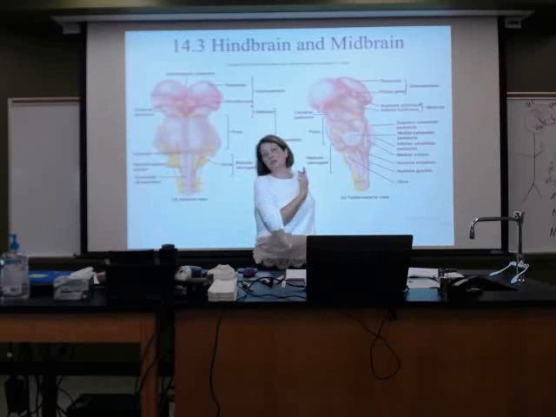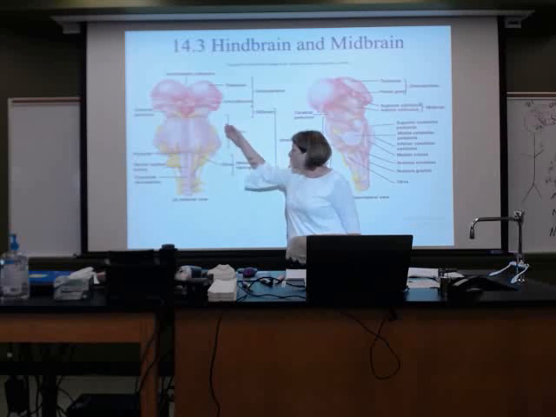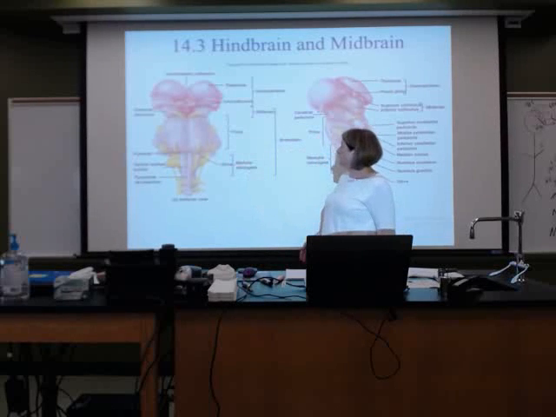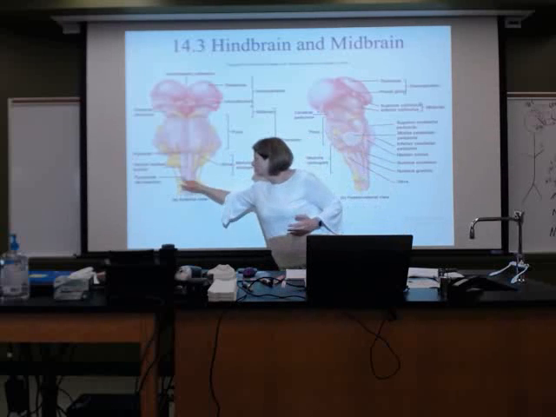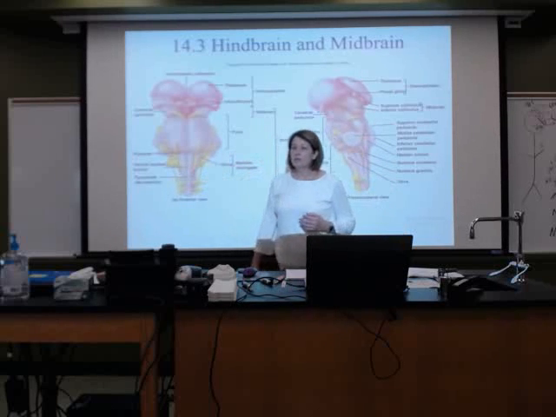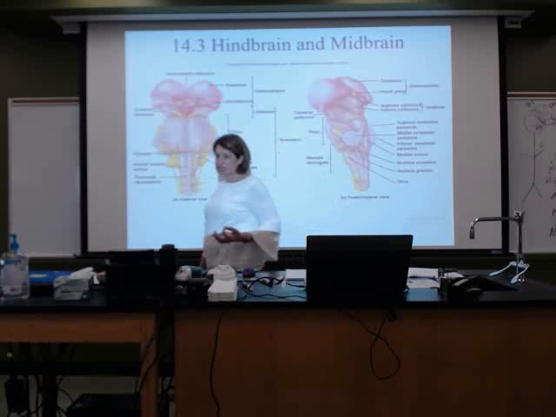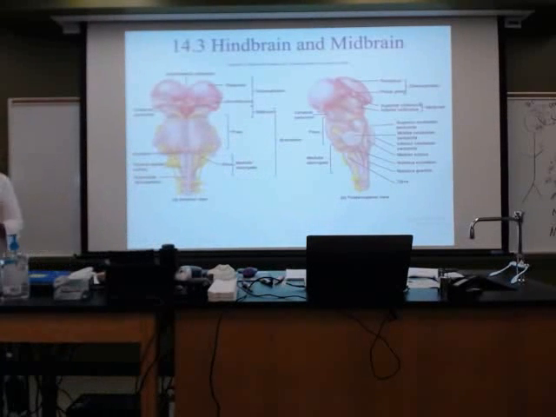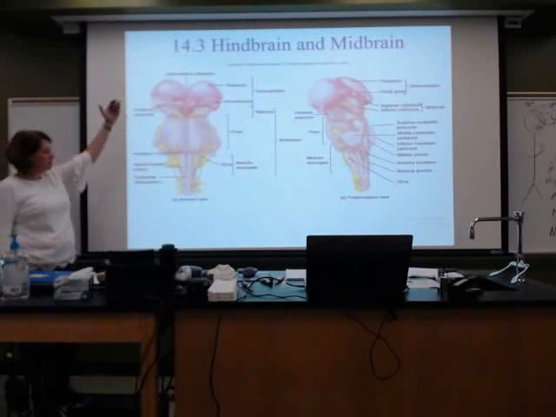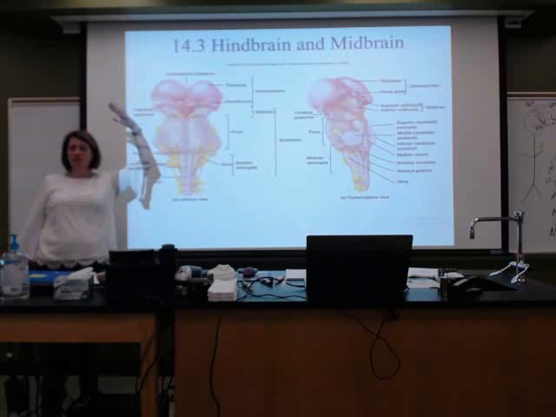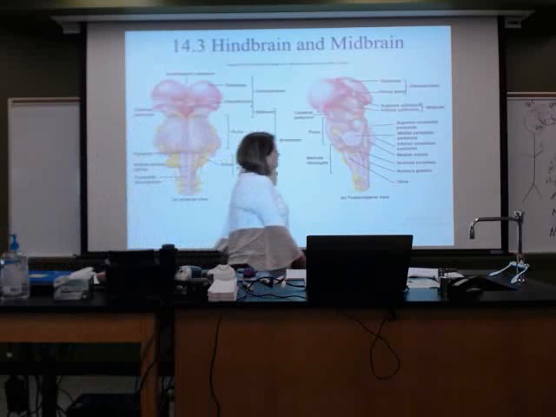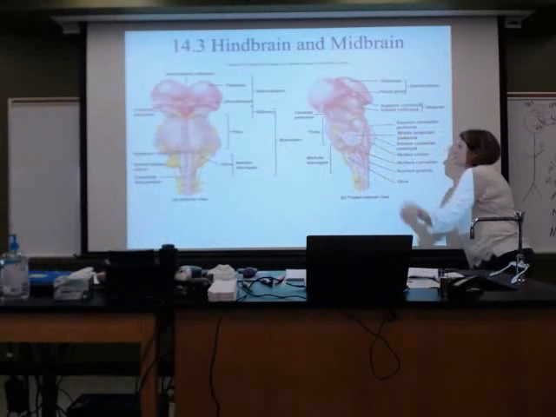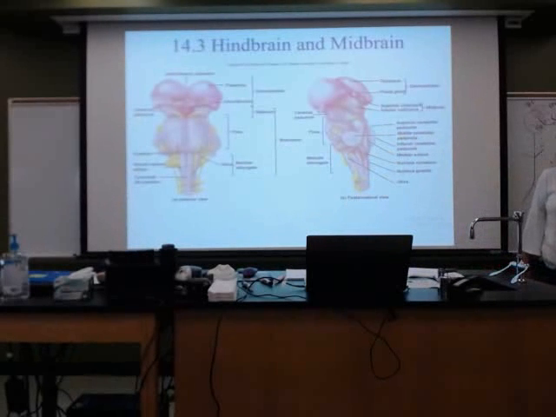So, the pons, the medulla oblongata. What's in yellow is the representation of the cranial nerves that are exiting at this area. Now, it's giving you the anterior view, and here the posterior view.